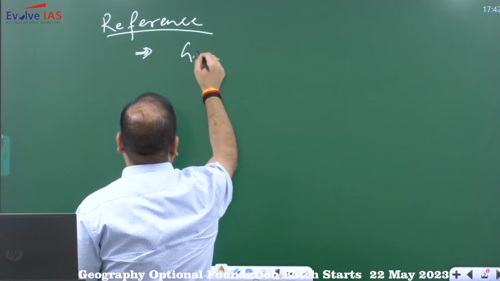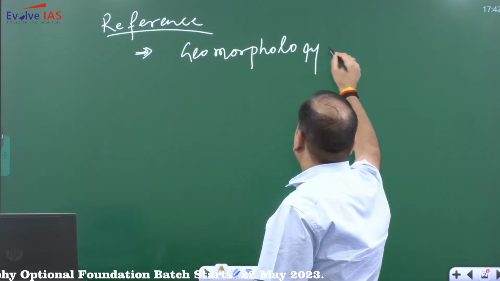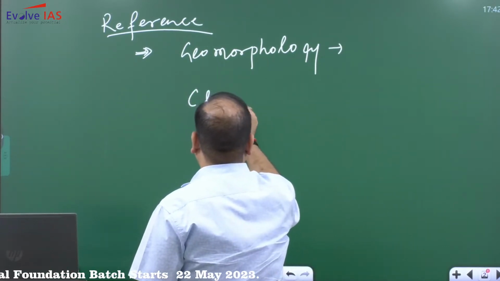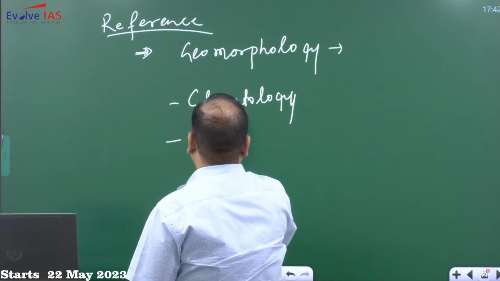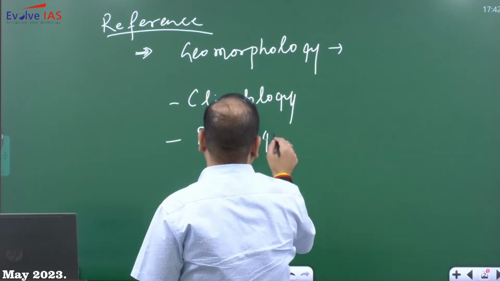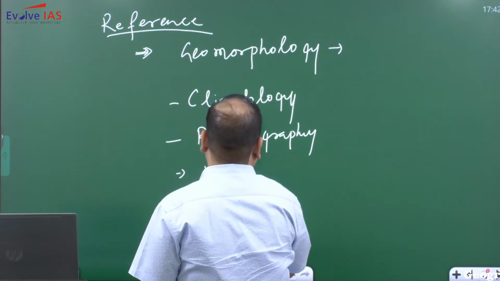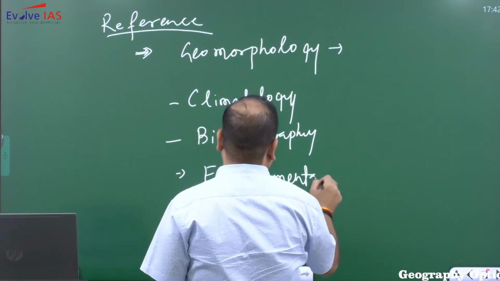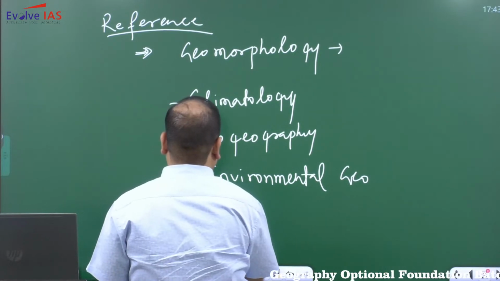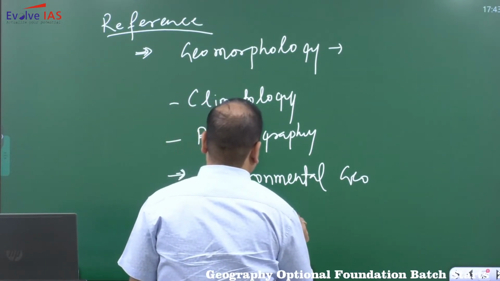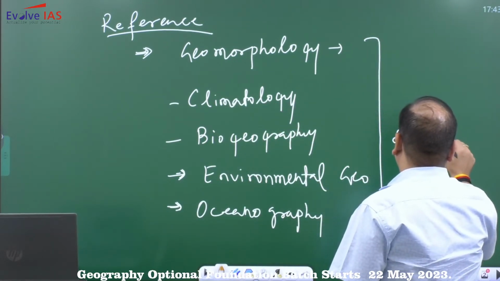I used to recommend for all the physical geography, that is geomorphology, climatology, biogeography, environmental geography, oceanography, the book by Savindra Singh.